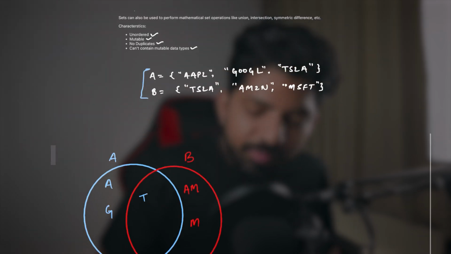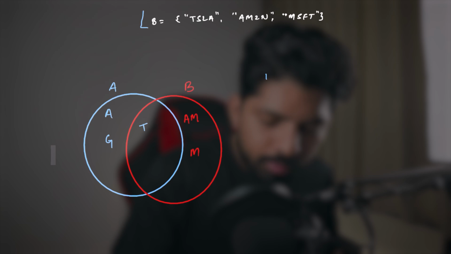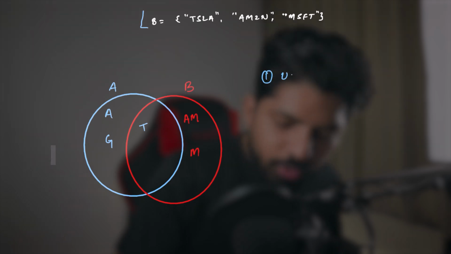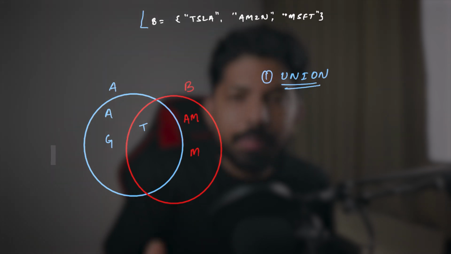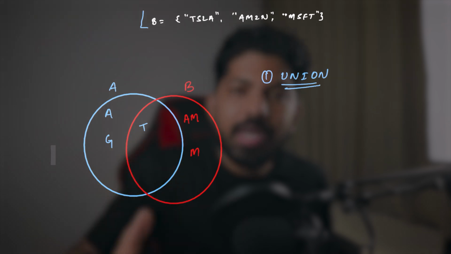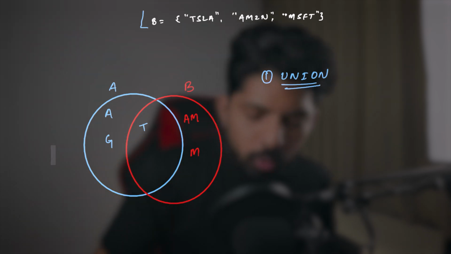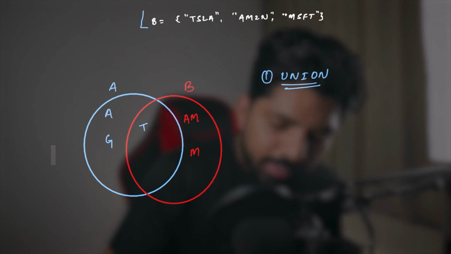Now basically we have 4 operations on this. The first operation is union. That means we combine all the elements from set A and set B and create a new union set. So how can we do that? Let me create a union set.